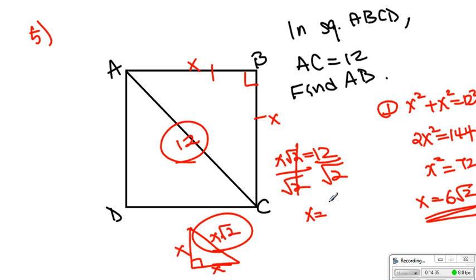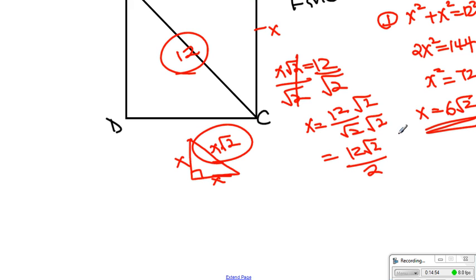Then x must be equal to 12 over square root of 2. But we can still rationalize the denominator by multiplying by square root of 2 on both sides. Then you will realize that we have 12 square root of 2 over 2. How can we figure out the answer? When 2 and 12 cancel out, we have 6 square root of 2. That becomes our answer. As you can see, the answers are equal to each other.